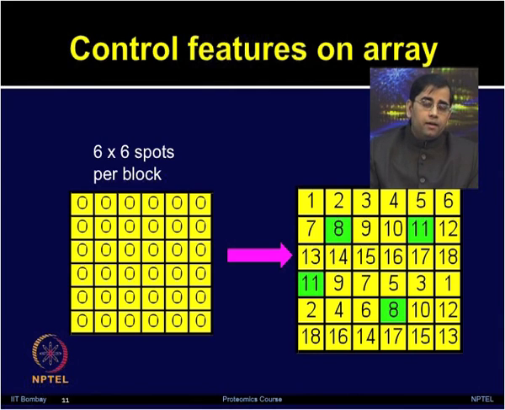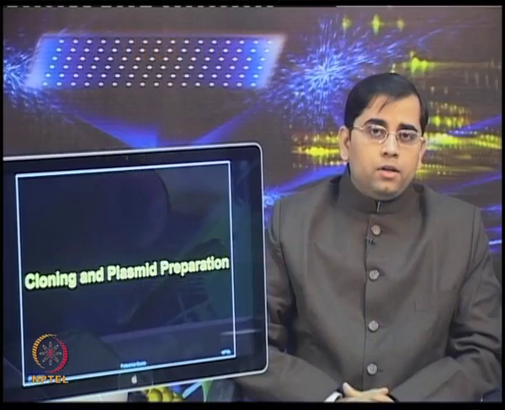So, for example, here one can use different types of control features: non-spot, no DNA control, a mouse IgG, GST protein, human IgG, EBNA, etc. As I mentioned, it all depends on the objective of your experiment and then suitable controls can be incorporated in the array map. So, let us talk about cloning and plasmid preparation.